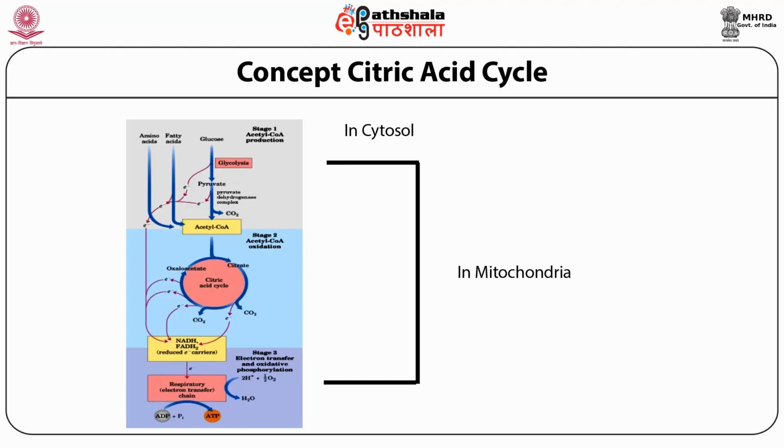Thus, amino acids, fatty acids, and glucose find their way through acetyl coenzyme A into the citric acid cycle, which results in the generation of ATP, carbon dioxide, and reducing power.